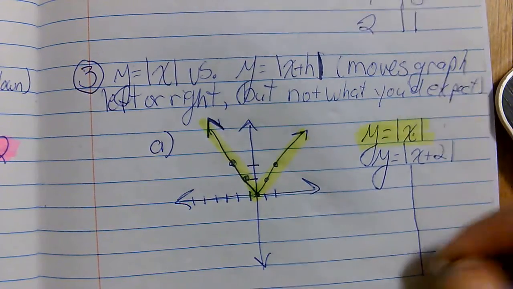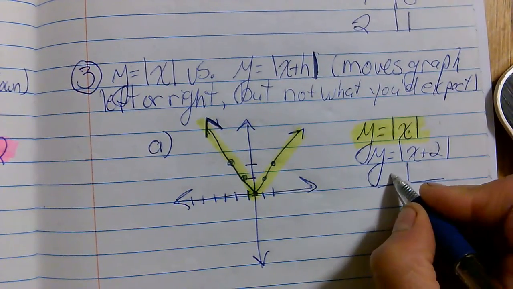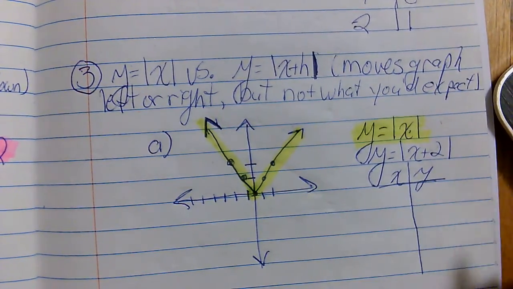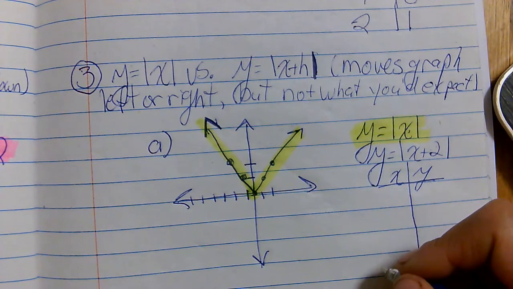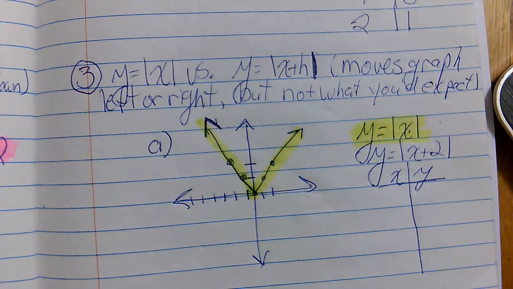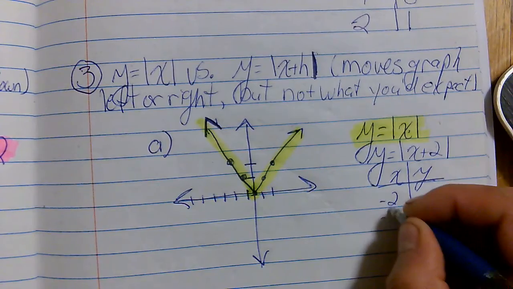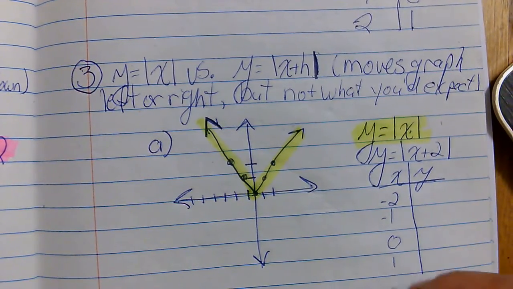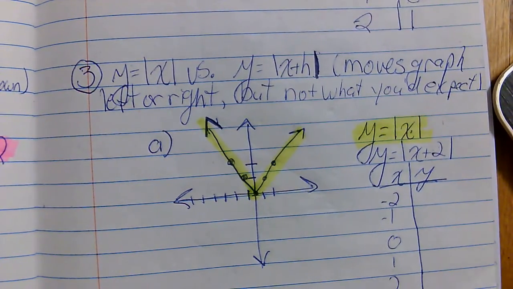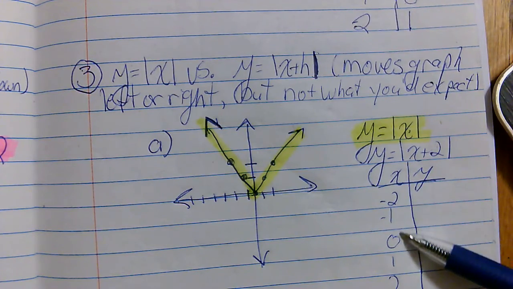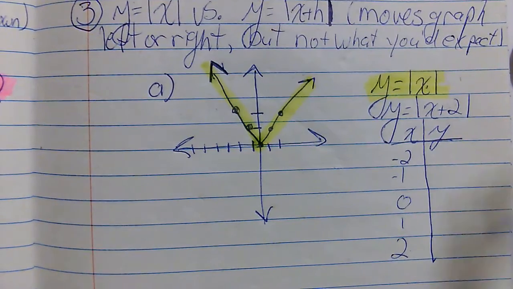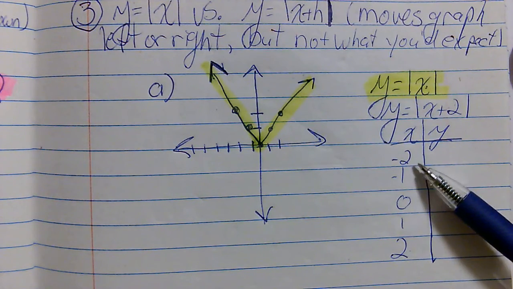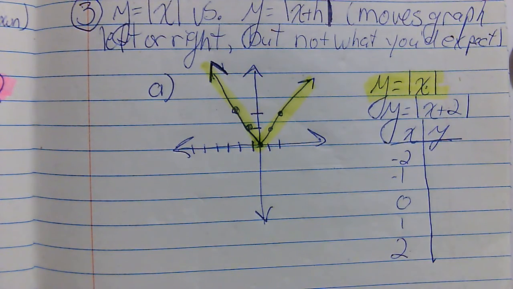So I'm going to plot the points of this graph, starting with the ones I normally do: -2, -1, 0, 1, and 2. You'll see what happens to my vertex as I move through these different points.